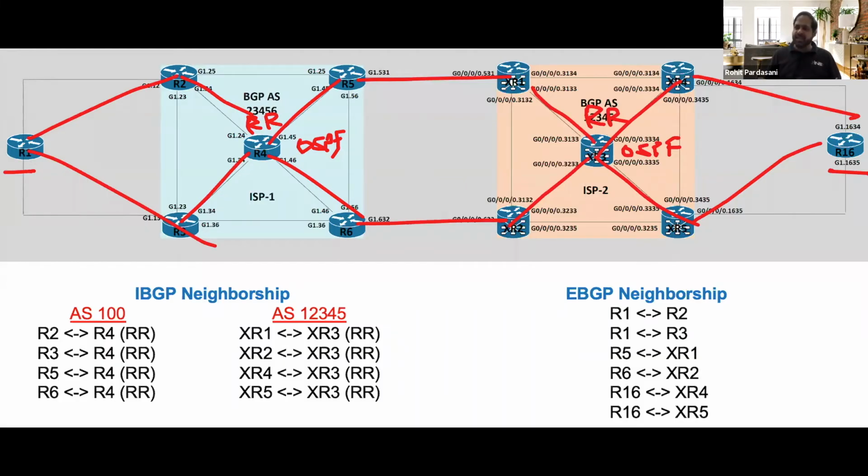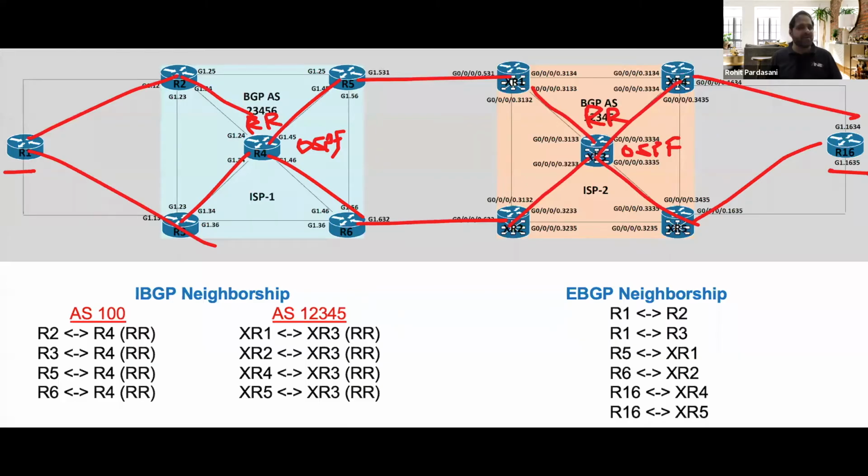If that's the same, he then compares MED. Have I configured MED? No. So MED would be 0. If MED is the same, then he compares eBGP over iBGP. They both are eBGP neighbors. Since they both are eBGP neighbors, he then compares the IGP metric to the next hop.